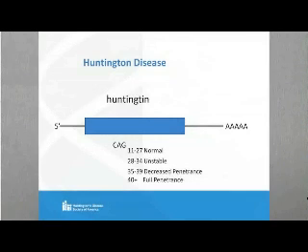And it was discovered that it was a repeat of this CAG over and over again above that which occurs normally in the population that seemed to be causing Huntington's disease. And we'll talk a bit more about these various repeat expansions in a moment.